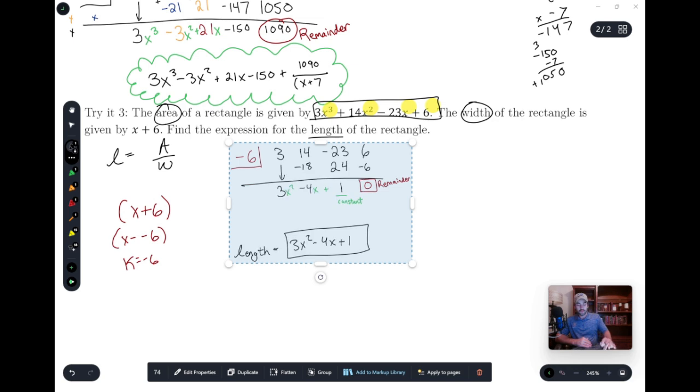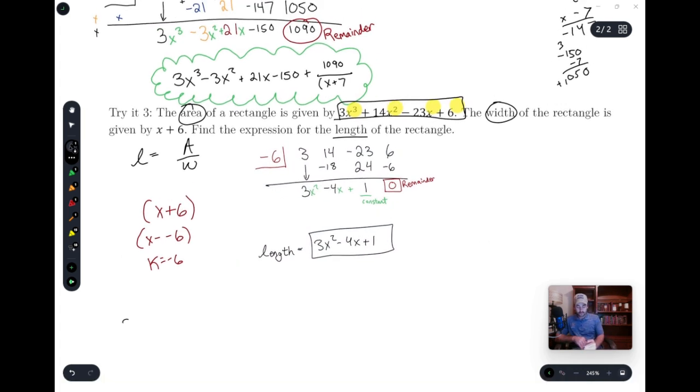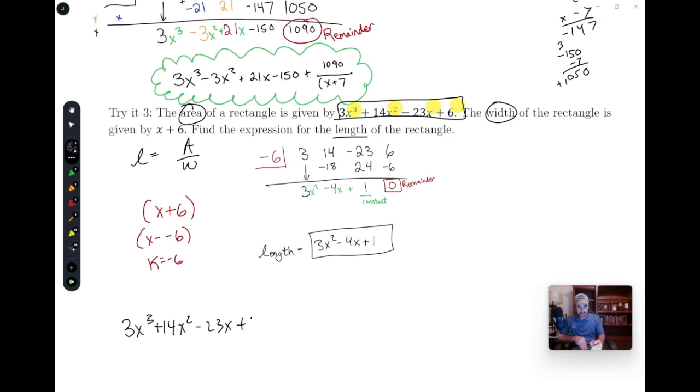I want to show you that all we've done is take our original equation, 3x to the third plus 14x squared minus 23x plus 6 is equal to 3x squared minus 4x plus 1 times x plus 6.